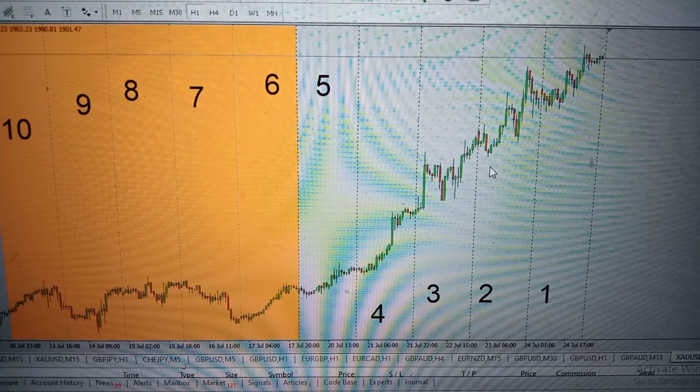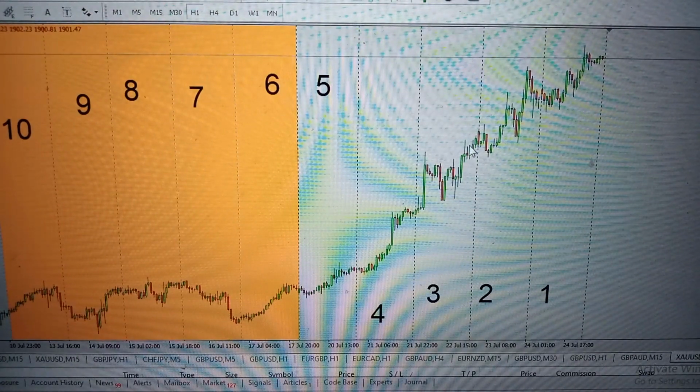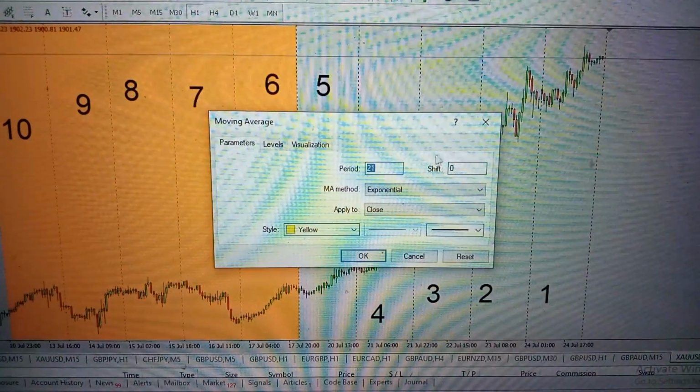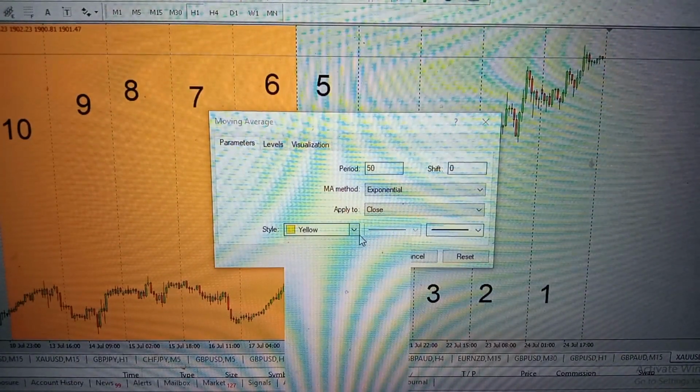So the next thing I will do is to load moving averages. We are going to load moving average indicators. The first moving average indicator will be our 50 EMA, 50 exponential moving average. I'm going to give it color blue.